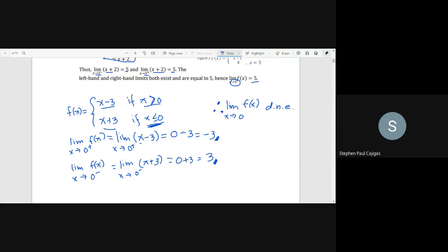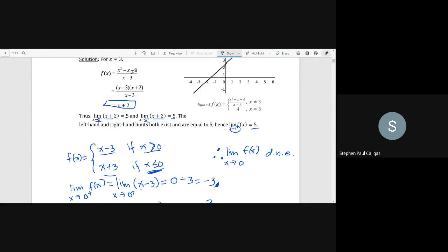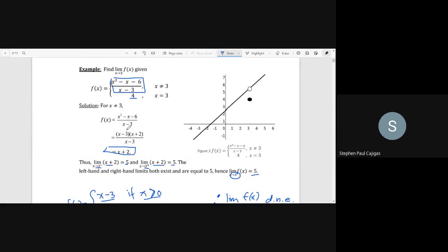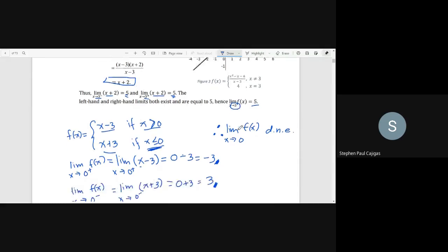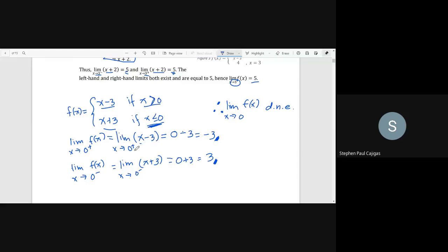Because the right hand and left hand limits are different. If the left hand and right hand limits are the same, as in the earlier example, then the limit is equal to that number, since the two are equal, and that is your limit as x approaches that number. But if the right hand and left hand limits are different, then we conclude that the limit does not exist.